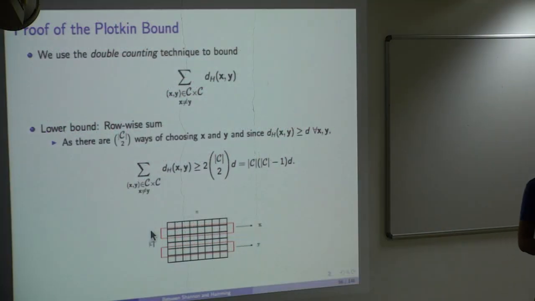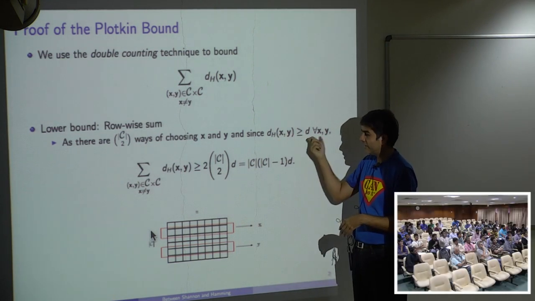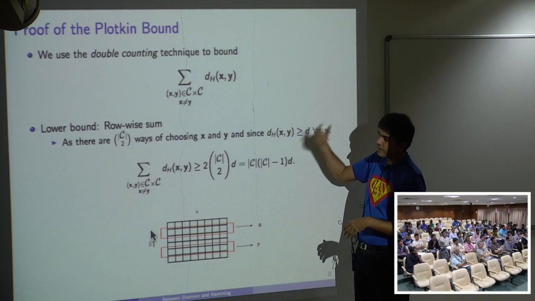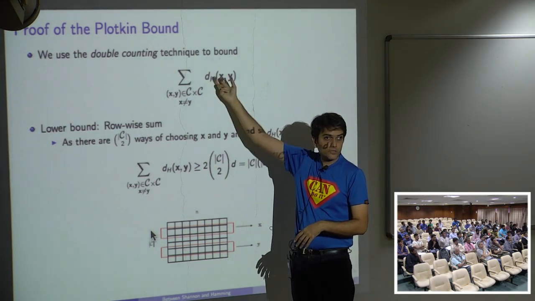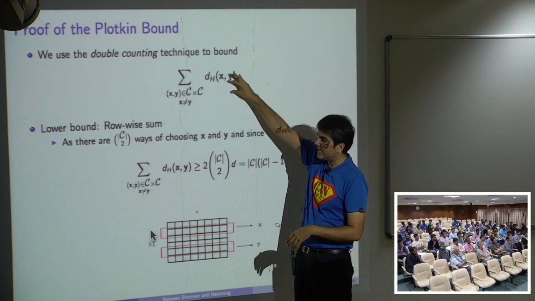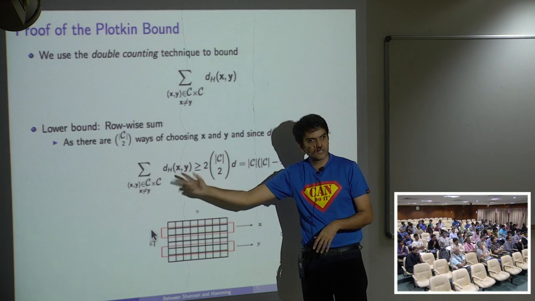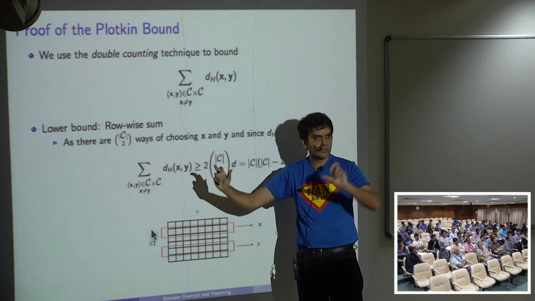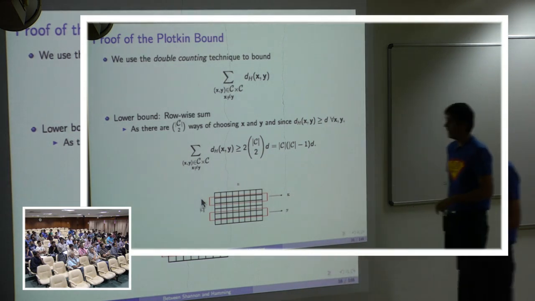The minimum distance of the code is d_min, or here in this slide it's d. So d_H(x,y) is at least d, and there are C choose 2 ways of choosing x and y. Therefore this quantity is at least this, and we multiply by 2 because we are taking into account the degeneracy between (x,y) and (y,x). So there's that.